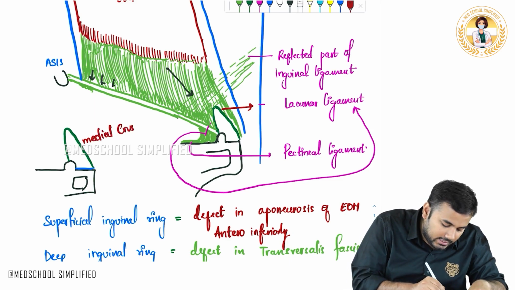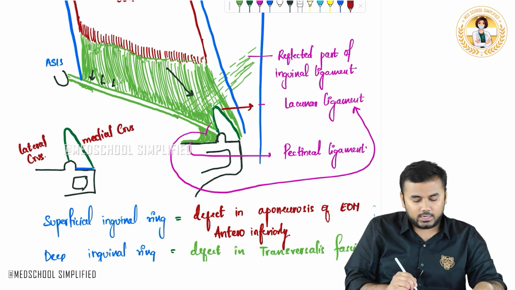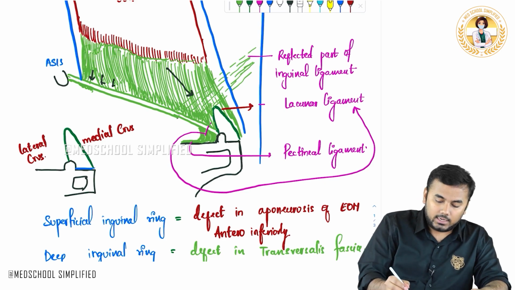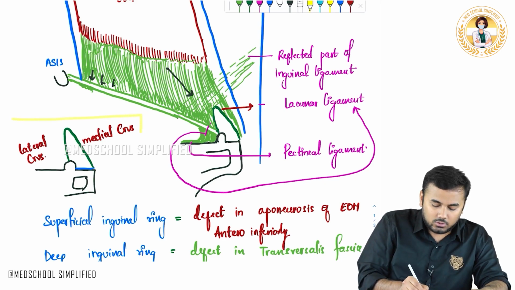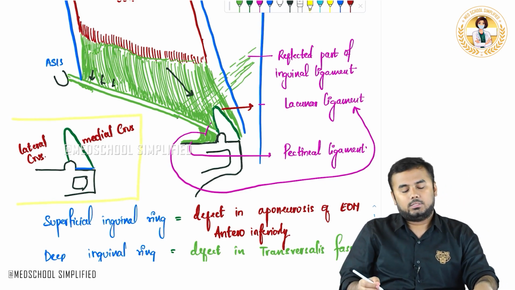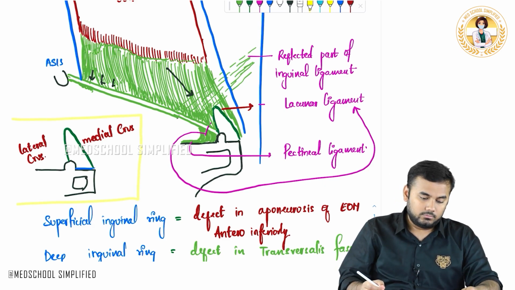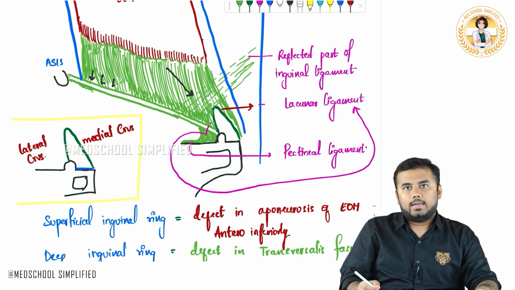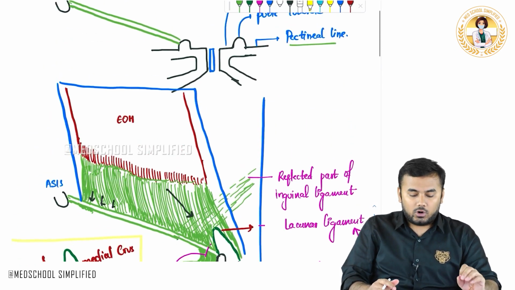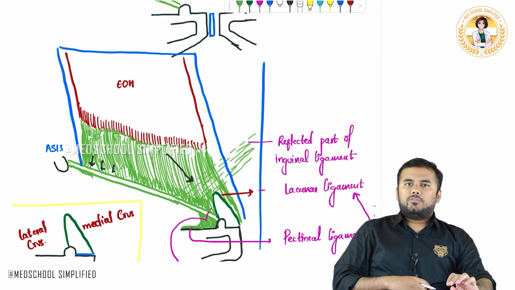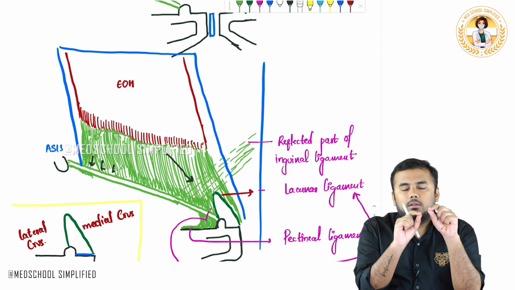One which is lateral here is called the lateral crus. So there are two crura over here: the medial crus and the lateral crus.